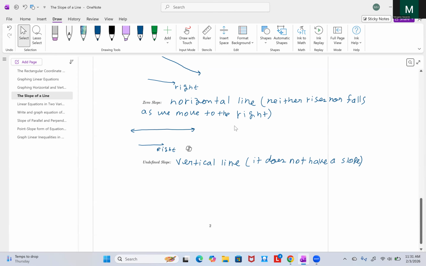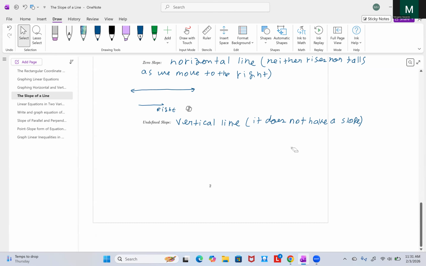And then a line that has an undefined slope is a vertical line. A vertical line does not have an inclination. It's just a vertical line, so it does not have a slope.